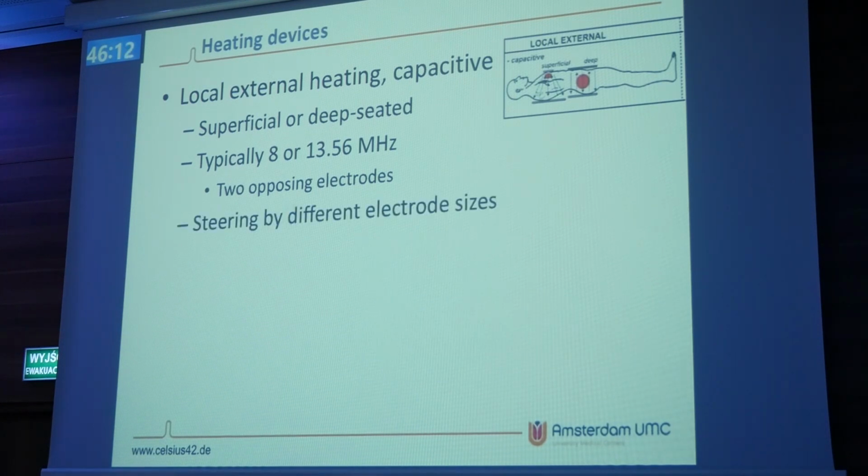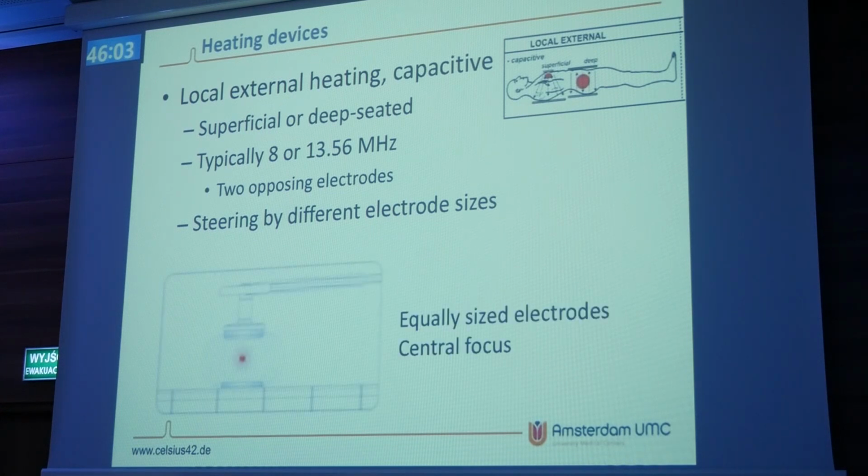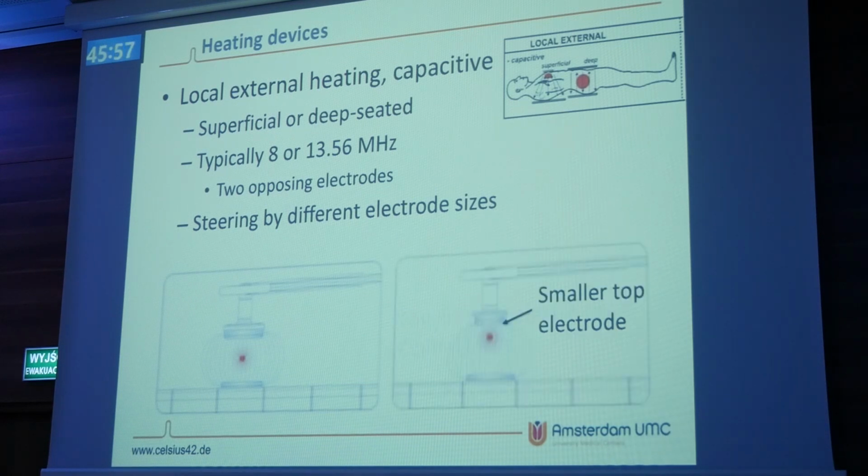And you can steer the heating location by the placement location of your electrodes, but also the size of the electrodes. So if you use equally sized electrodes, you get heating more or less centrally in the body, whereas if you use a larger and a smaller electrode, then the heating will tend to focalize underneath the smaller electrode.